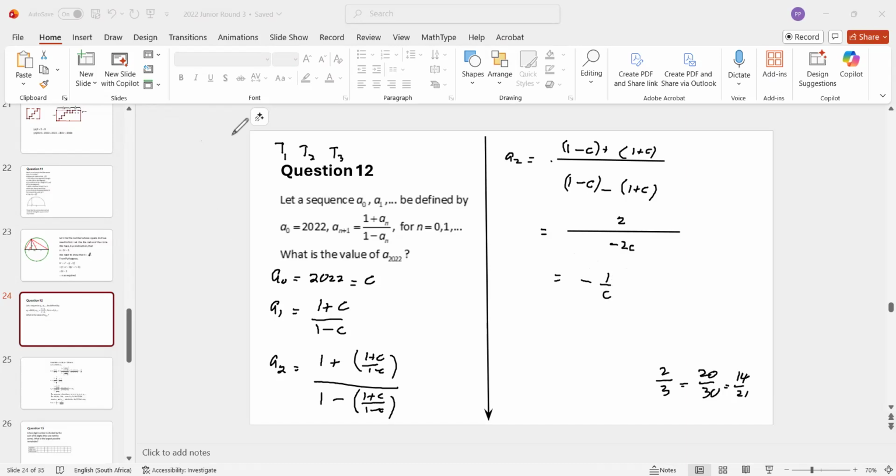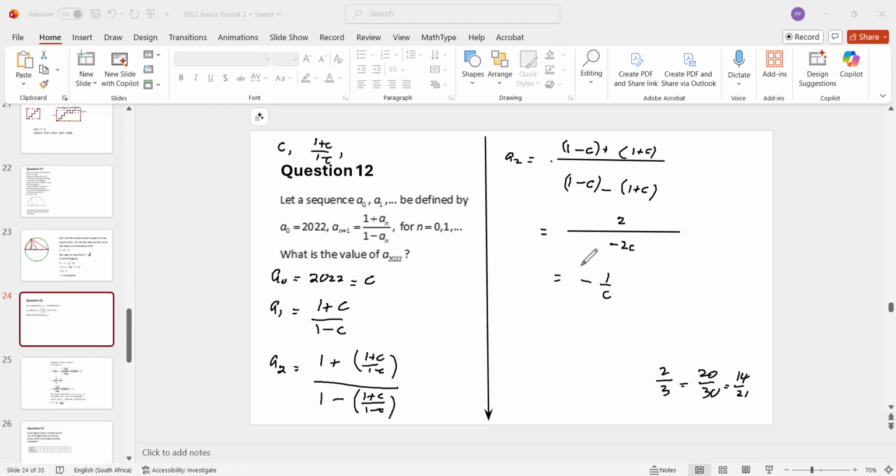All right, now I'm going to keep track of these things as I calculate them. Okay, we had A0 was C. A1 is 1 plus C over 1 minus C. That's A1.